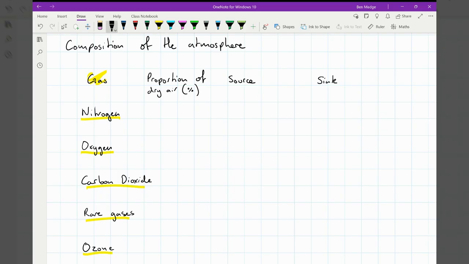So nitrogen makes up the majority of the Earth's atmosphere, 78%, and it's an inert gas, so it's largely found in the atmosphere.